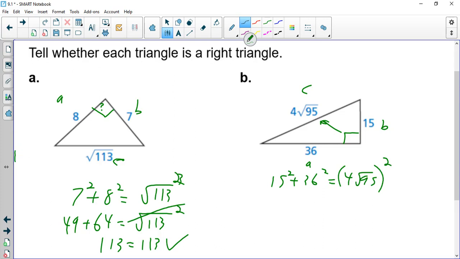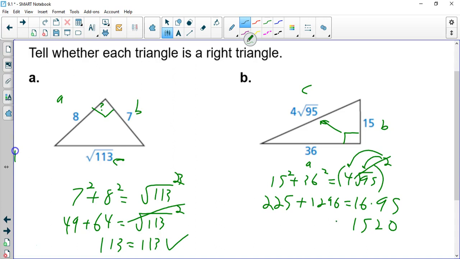Okay, so 15 squared is 225. 36 squared is 1296. Now remember, when we square this and this, 4 squared is 16, and the square undoes the root, so that just leaves 95. So 16 times 95 is 1520.